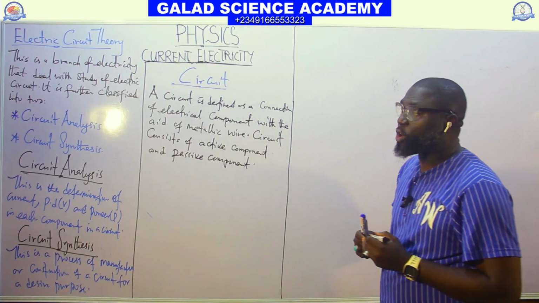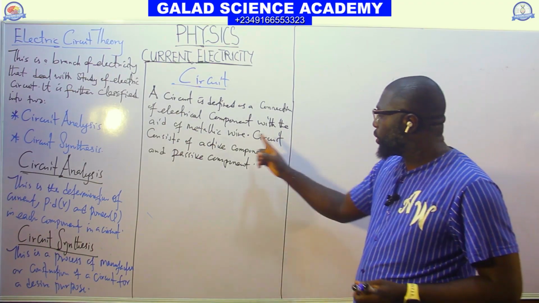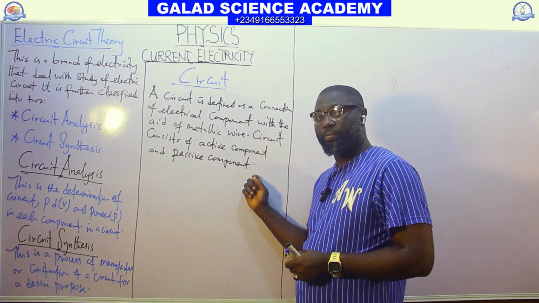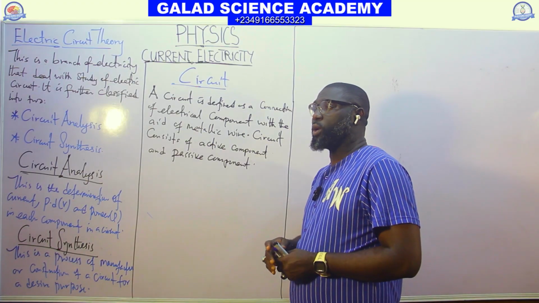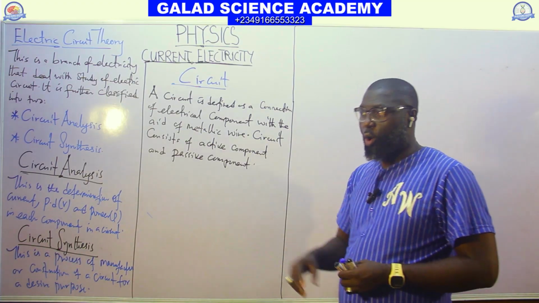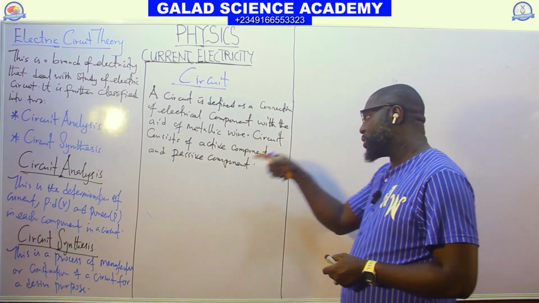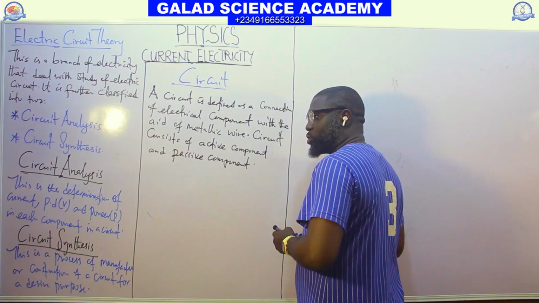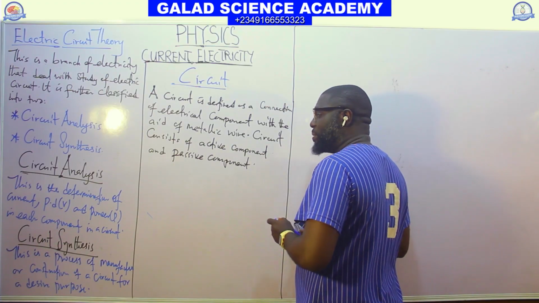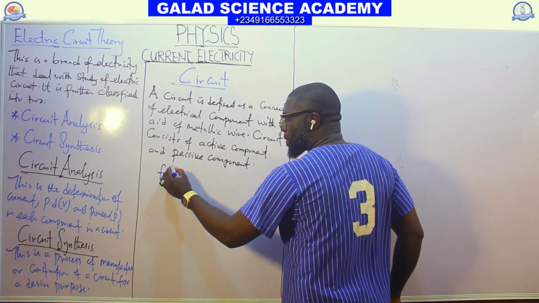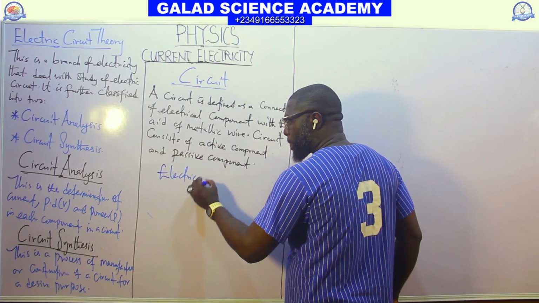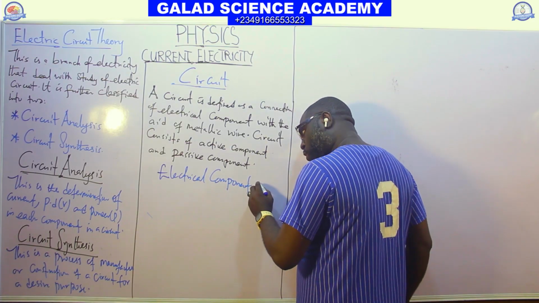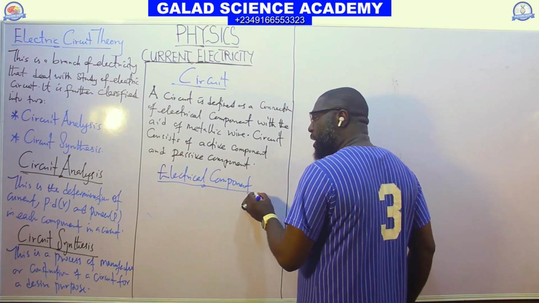So there are two components of electric circuits. We have active components and then we have passive components. Before I explain the active and passive, we have electrical components, or electrical elements.